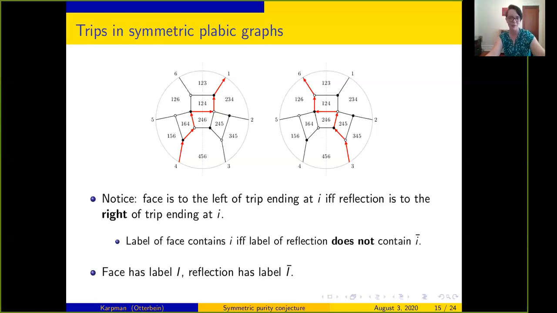And that tells you right away that surely the face labels of a Plabic graph follow this idea of symmetry. The tricky part, again, is showing that you can go the other way, that you can take a weakly separated collection that has this symmetry and fill it in without breaking symmetry at some point.